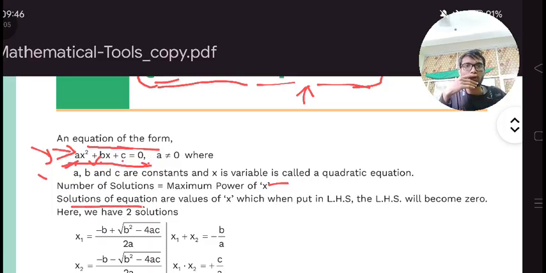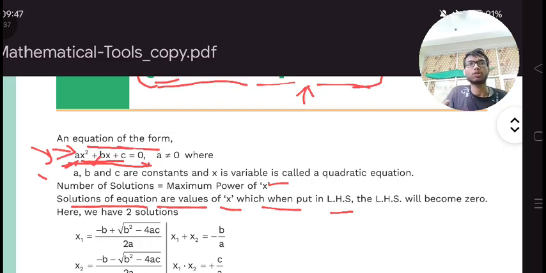Solutions of the equation are values of x which, when we put them in the LHS, make the LHS become 0. Whatever the value of x, when we put it in this quadratic equation, you will observe that the LHS becomes 0, which is equal to the RHS.